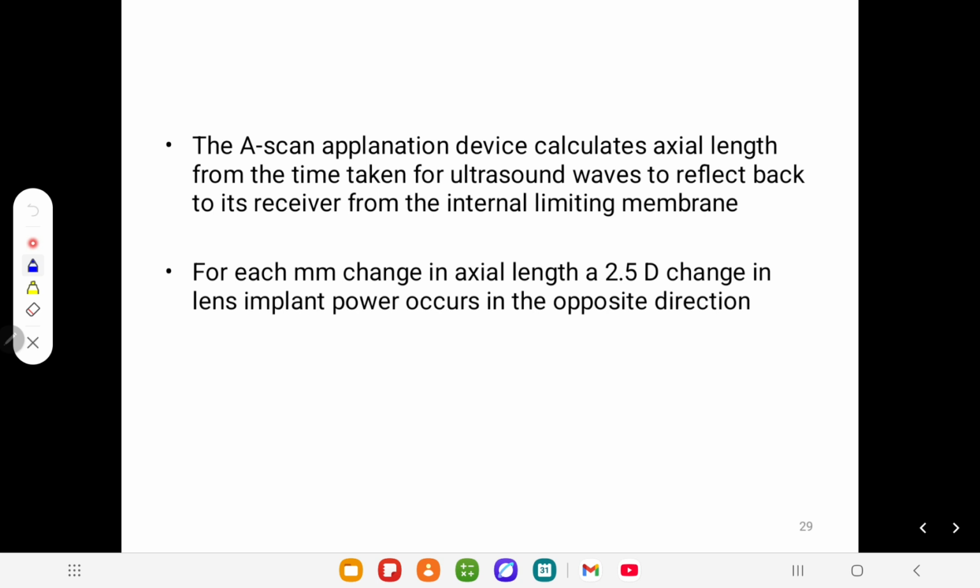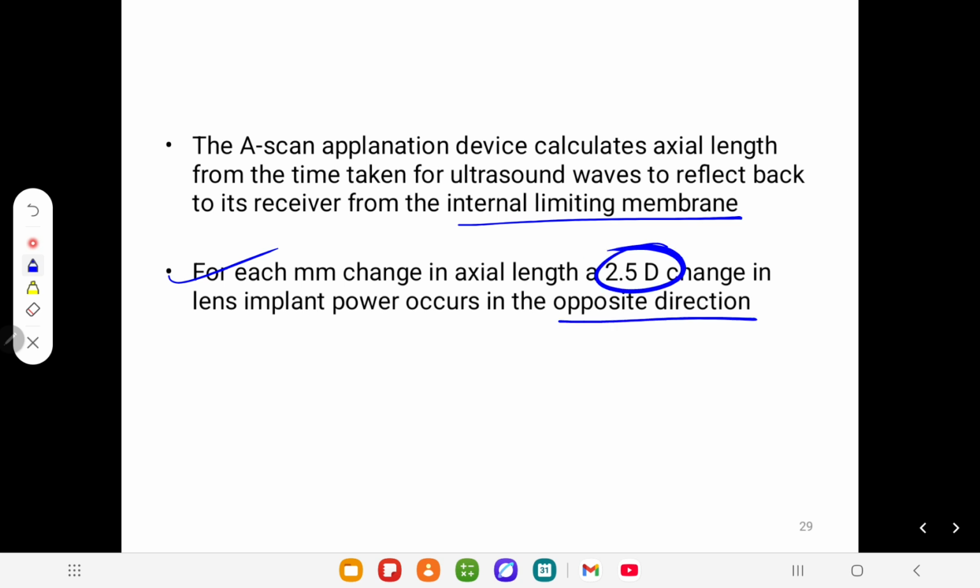A scan device calculates the axial length from the time taken for ultrasound wavelength to reflect back to its receiver from the internal limiting membrane. Yes, I'm definitely going to talk about it in other videos because we'll talk about ultrasonography. For each 1 mm change in axial length, approximately 2.5 diopter change in the lens implant power occurs in the opposite direction.